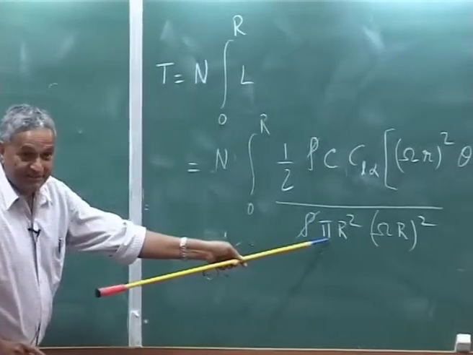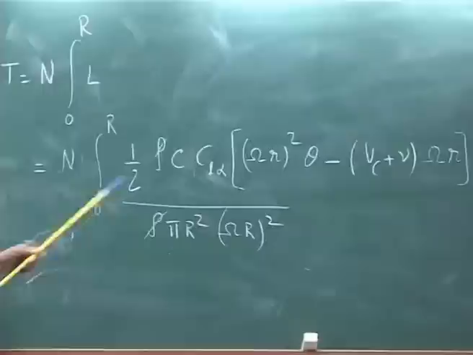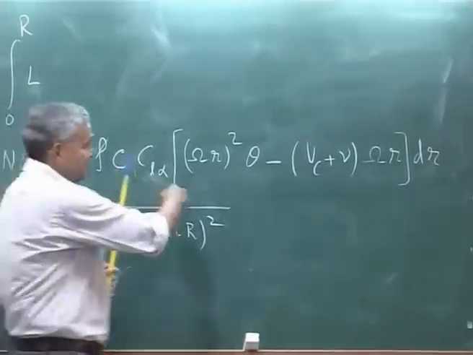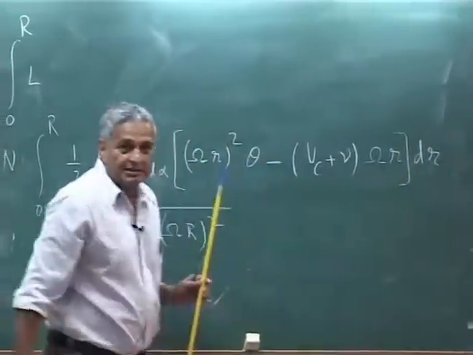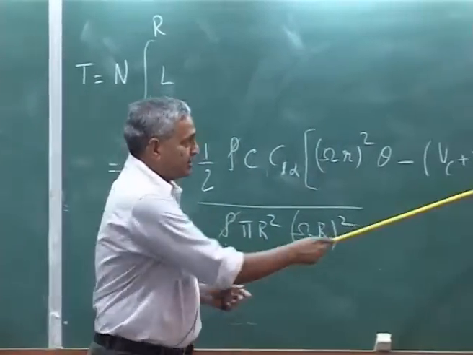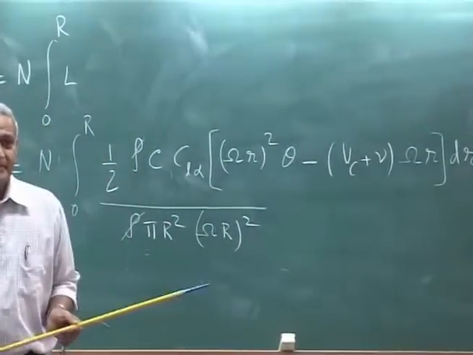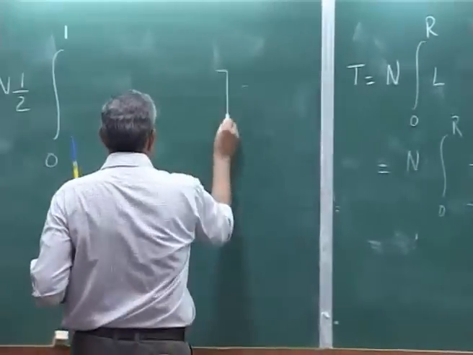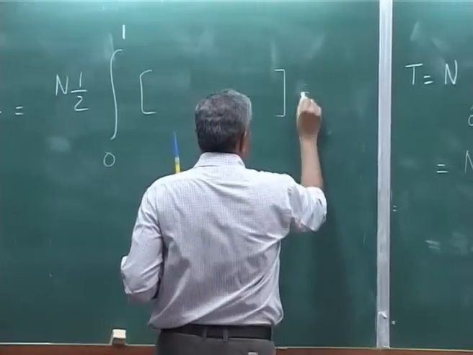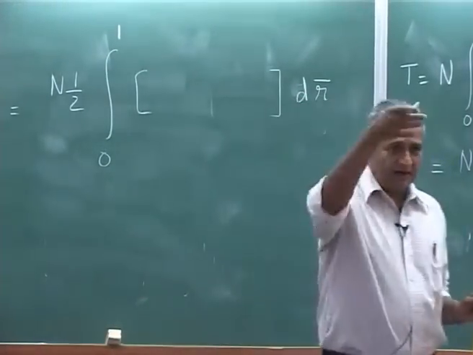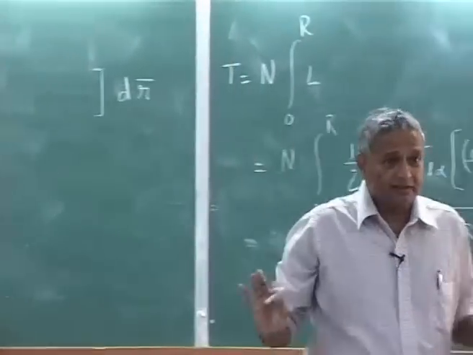Because pi R square is there, there is a c, there is a dr. So, one of the r you take to this, that will become r bar. I will make this bracket here, this will be d r bar. R bar means r over R, so the integral is 0 to 1.